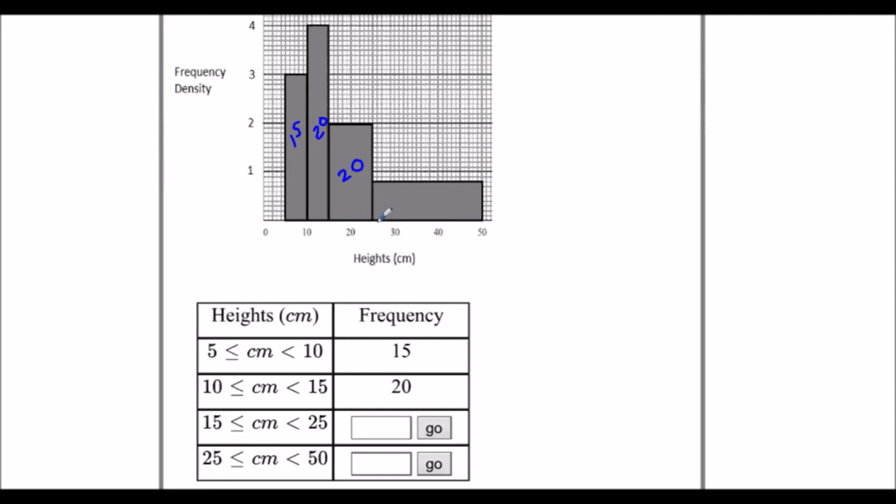And we've got a width of 25, between 25 and 50 is 25, and a height of 0.8. So it's going to be 25 times 0.8, and that's 20. So we just fill in the boxes, and we're done.